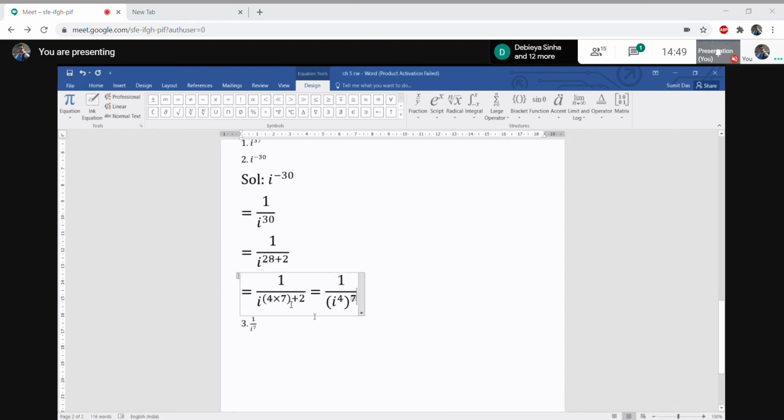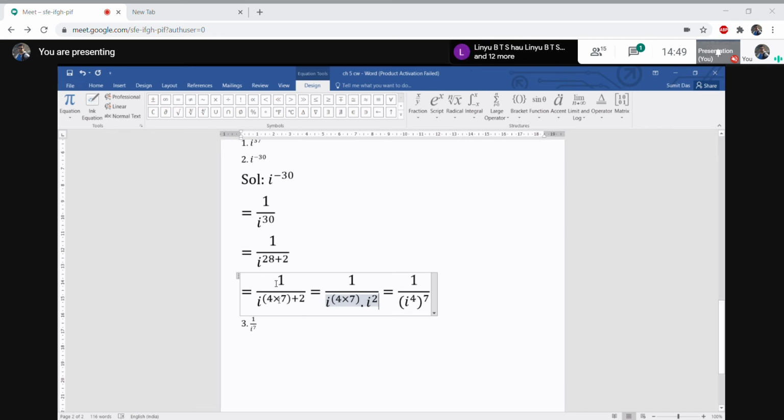Okay, then let me introduce one more thing. Look, anyone have doubt, this is a class 9 concept.